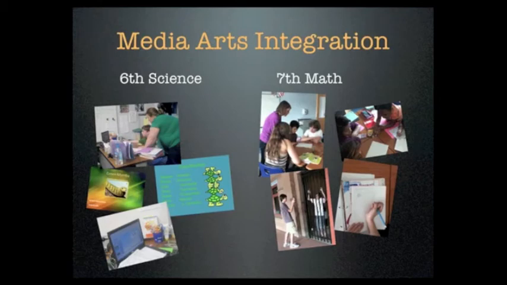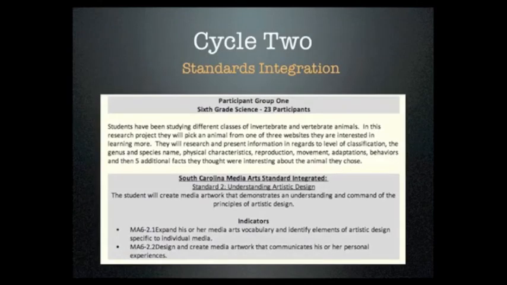We had 1 science teacher and 1 math teacher, and they began to brainstorm what their students would create in their classrooms while addressing both their content standards as well as media standards, concentrating on visual literacy in their classrooms. So this is the outline for the science area.